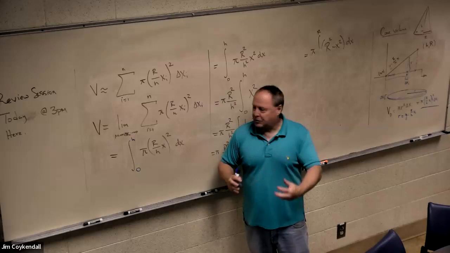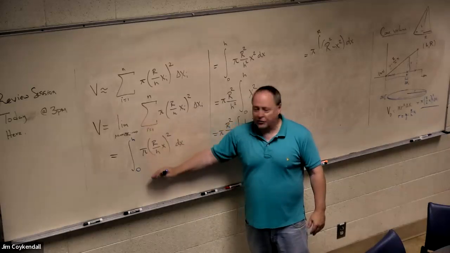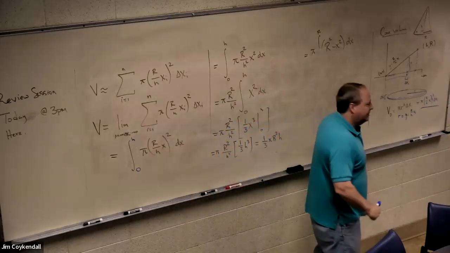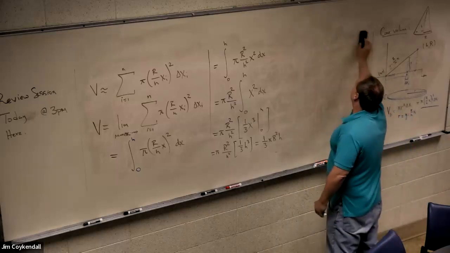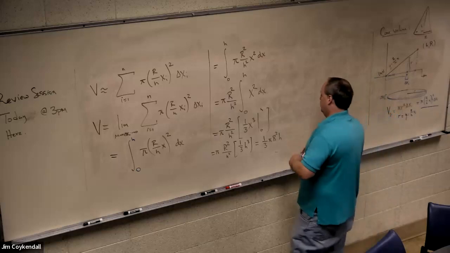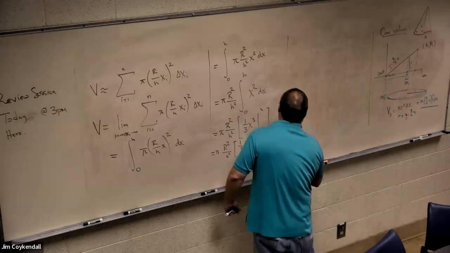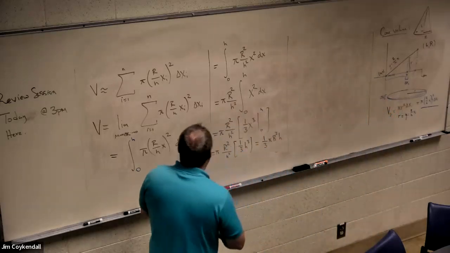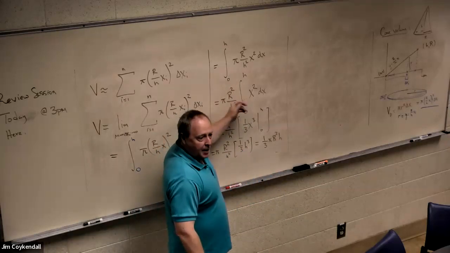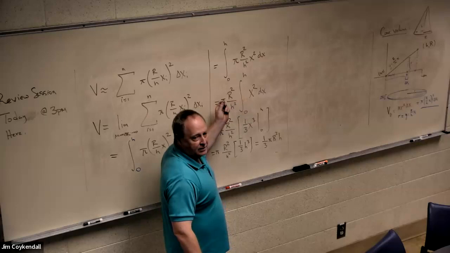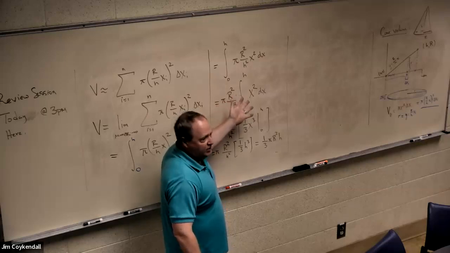And as I hope you're starting to see, sometimes integrals are even easier to do than sums. I'd much rather do this integral, wouldn't you, than add up a million approximations? The integral's easy.